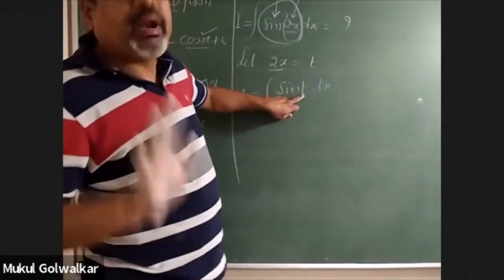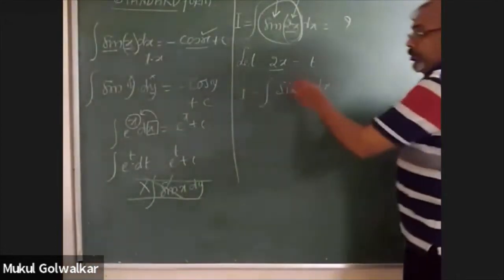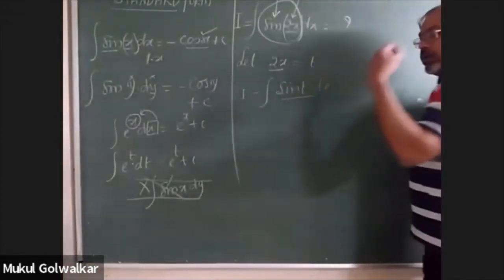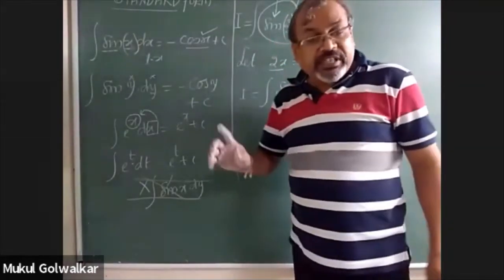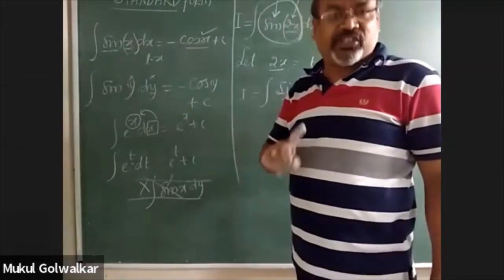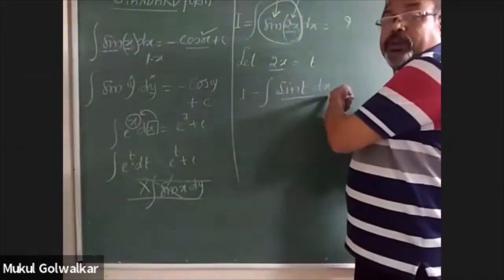Correct? Now try to understand one thing: when we differentiated the original function, the differentiation took place with respect to x, and that's why here we are integrating also with respect to x.